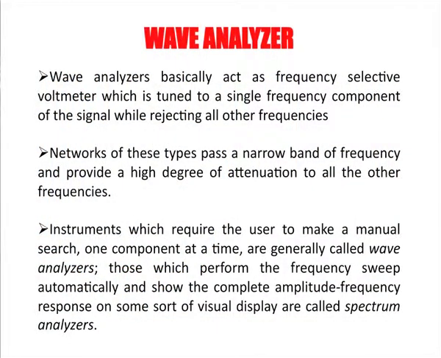So, the tuners available in wave analyzers are of a particular bandwidth, so as to select one of the frequencies and simultaneously reject all the other frequencies which are not under consideration at this moment. Now, complex waveforms comprise a number of frequency components.